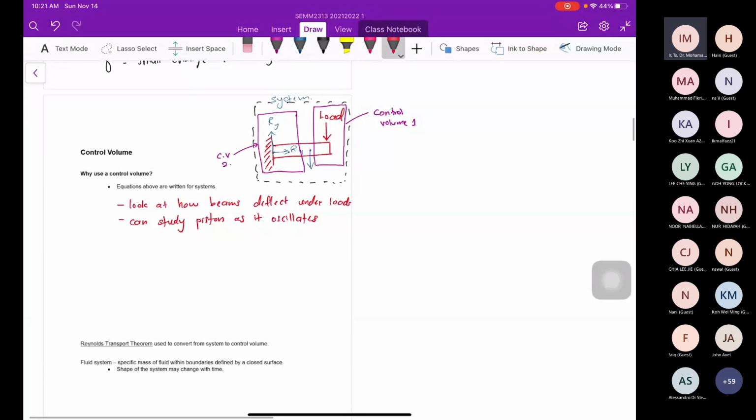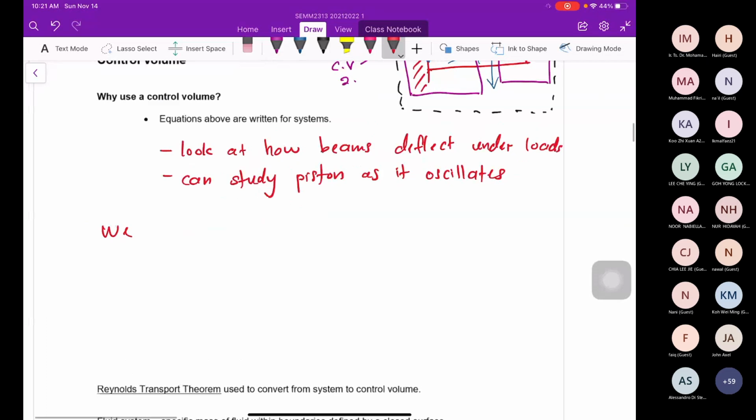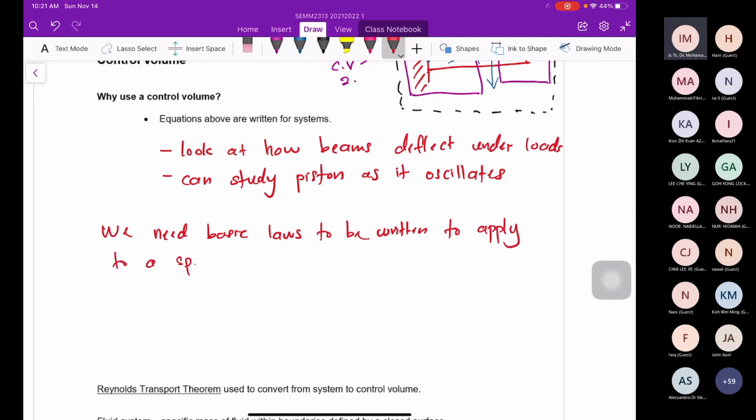So we need the basic law to be applied to a specific region, in the area of our interest.